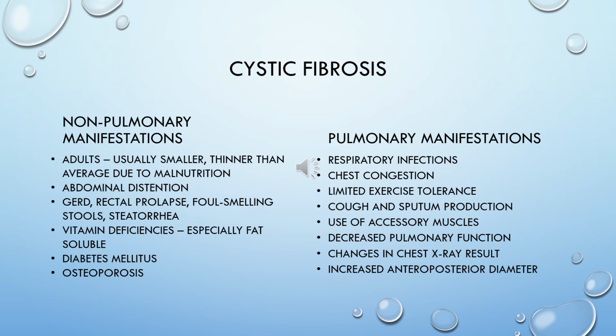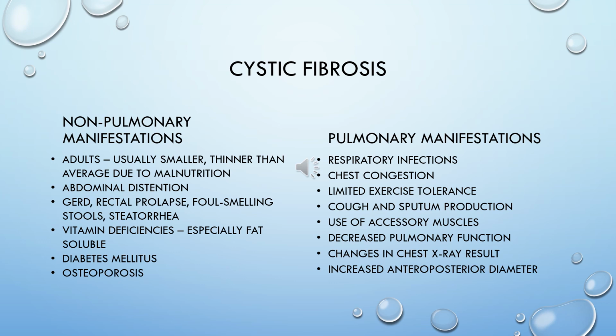And then pulmonary manifestations, they tend to have very frequent respiratory infections, which makes sense because if you have a lot of sputum production and it's thick, it does not allow for good airway expansion. And with the chest congestion, it just sets up the perfect environment for frequent infections. They do have limited exercise tolerance. They tend to use a lot of those accessory muscles.